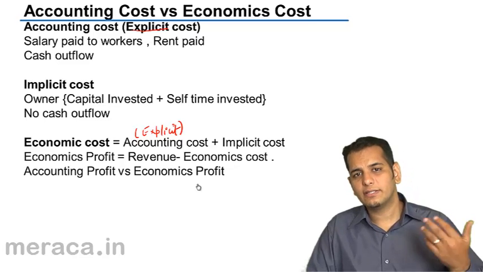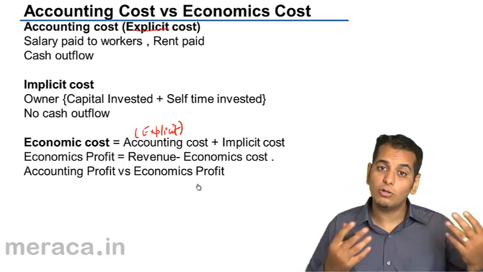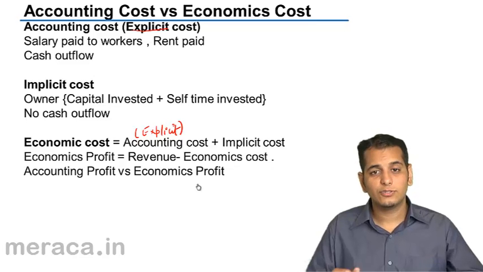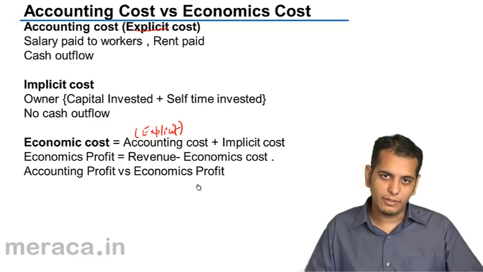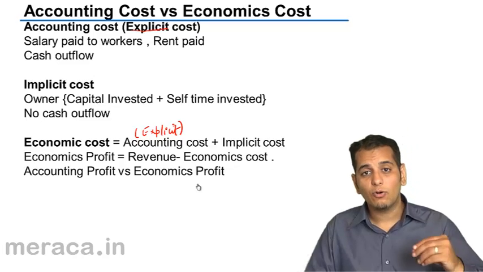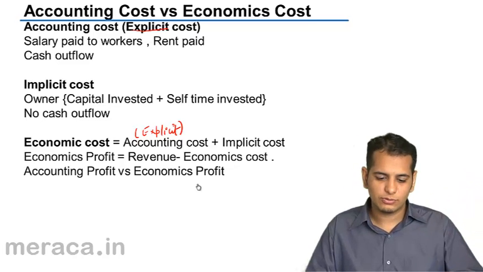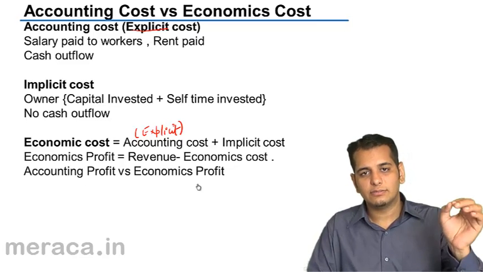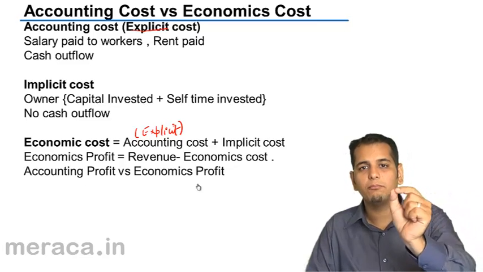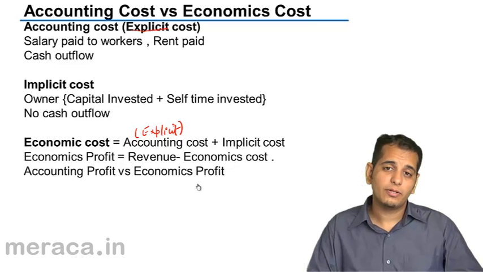So all these things which an entrepreneur does for his own business, he does not account for them in the books. But in economics, they are also considered as costs. And economic profit is nothing but revenue minus economic cost.